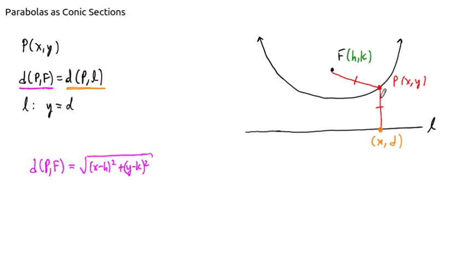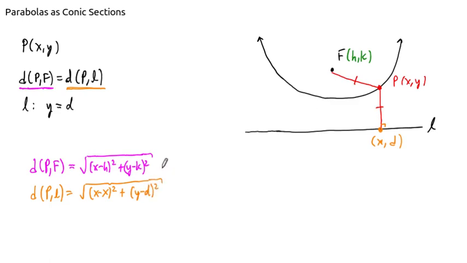The length of this segment, we can plug into the distance formula as well. By the way, this is the point that makes a right angle with the line. That's the closest point. So this is the square root of, notice that the x values are the same, (x minus x) squared plus (y minus d) squared.